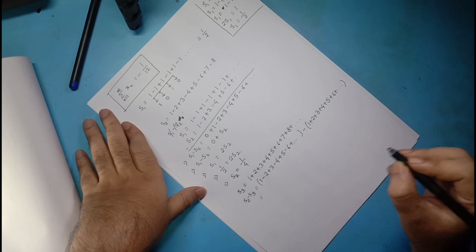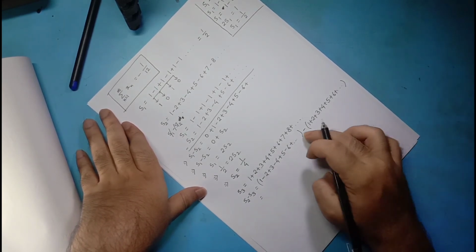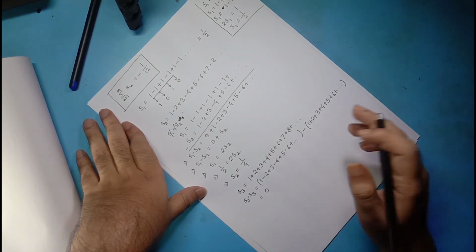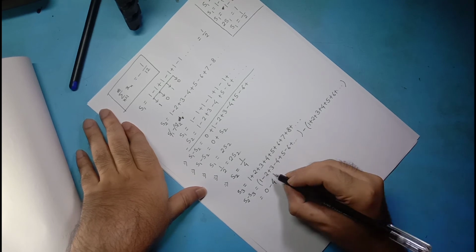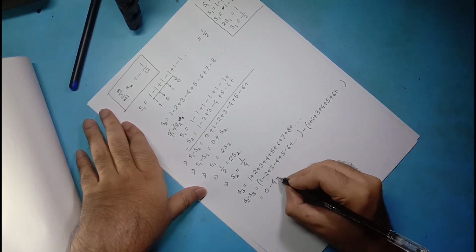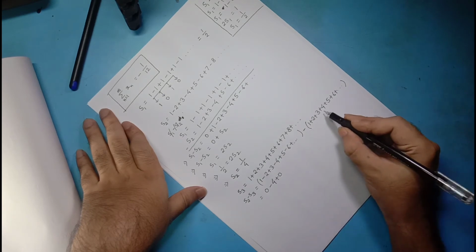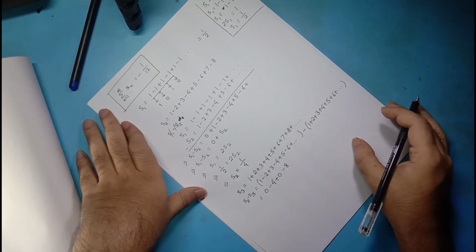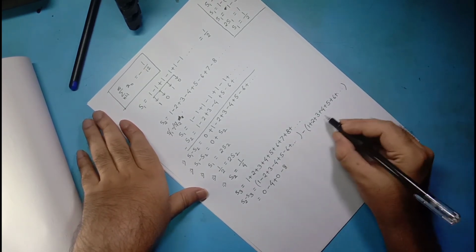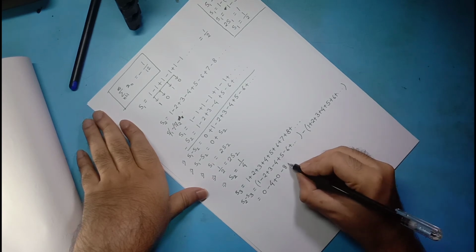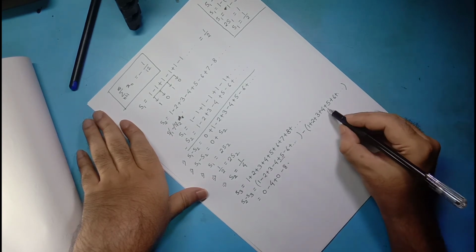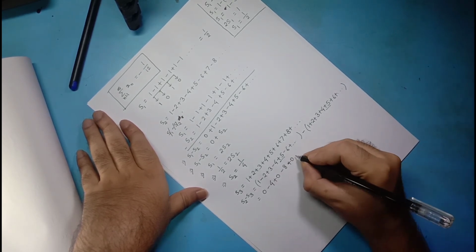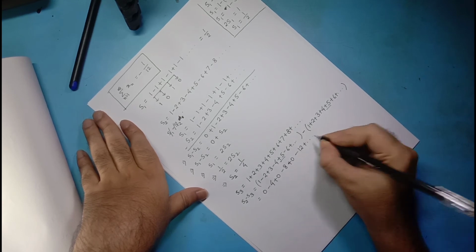So here you will be getting 1 minus 1, which will be 0. Then minus 2 minus 2, which will be minus 4. Plus 3 minus 3 will be 0. Minus 4 minus 4 is minus 8, right? So you will get to know that every odd number will become 0. Here it's plus 5 minus 5, which will be 0, and here again it's minus 12 and so on.